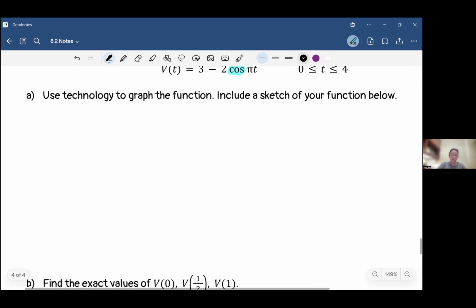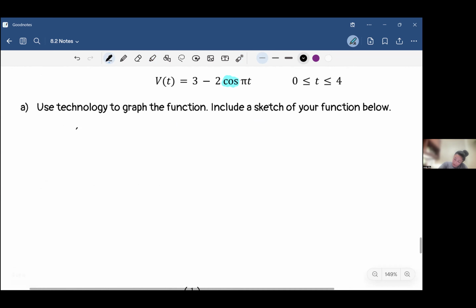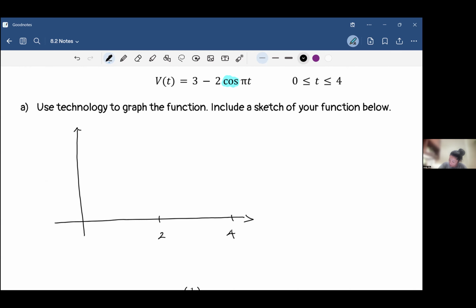That's the part of the graph that we're interested in. Okay. So if you were to go to Desmos, it would look something like this. Okay. So we would go 1, 2, 3, 4, and then the Y values go from 1, 2, 3, 4, up to 5. Okay, so this y-axis is our V of T, our volume, and our x-axis is T for time.